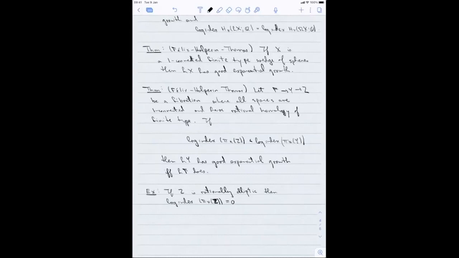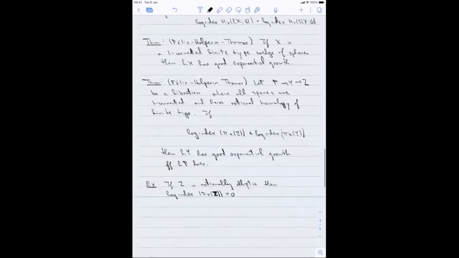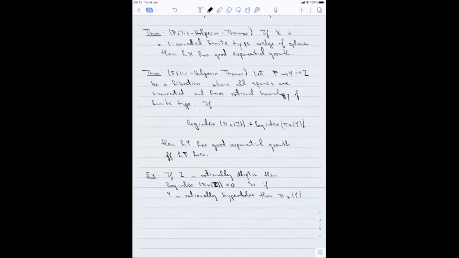It only has finitely many rational homotopy groups, so the associated Hilbert series is just going to collapse, really. So if Y is rationally hyperbolic, then its homotopy groups grow exponentially.